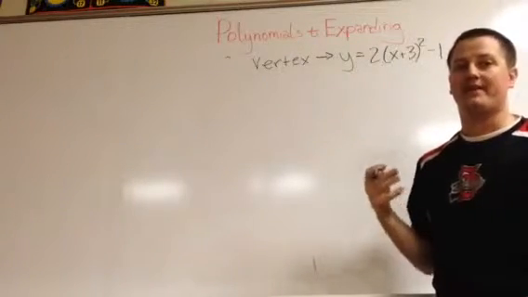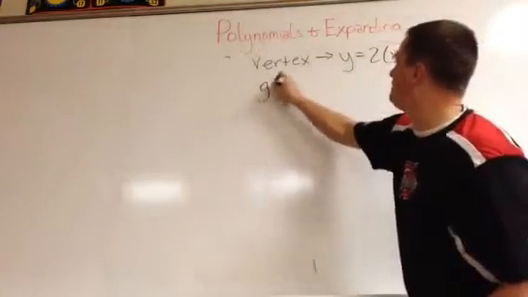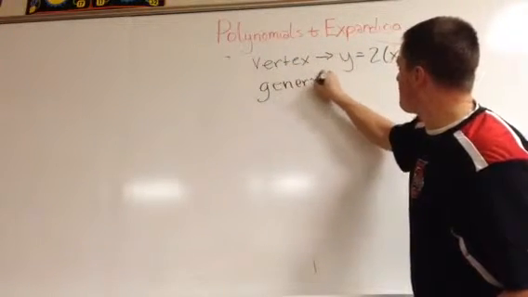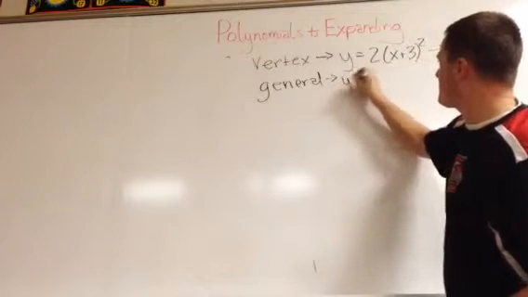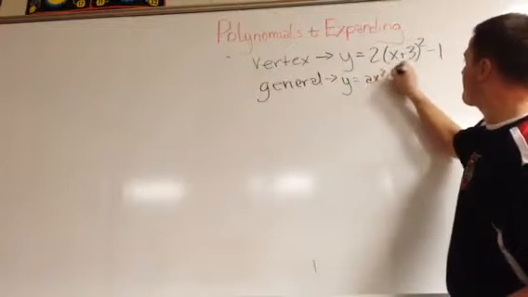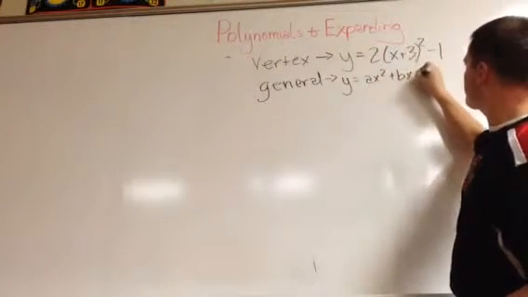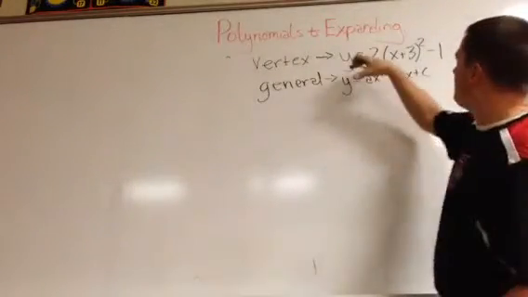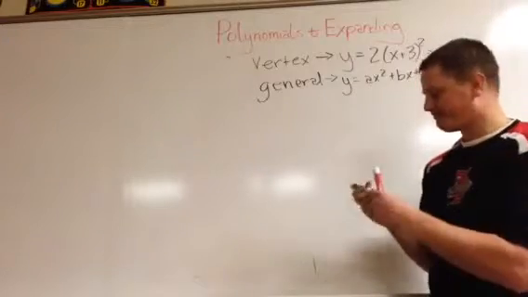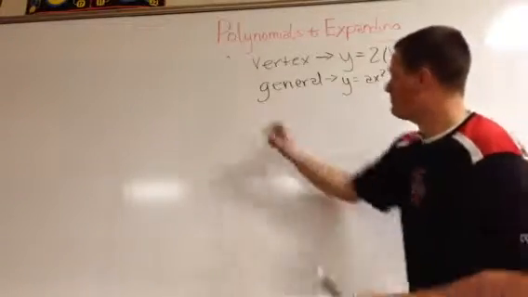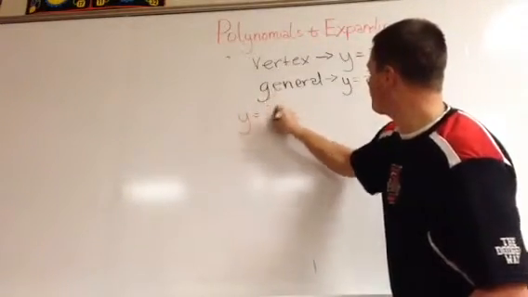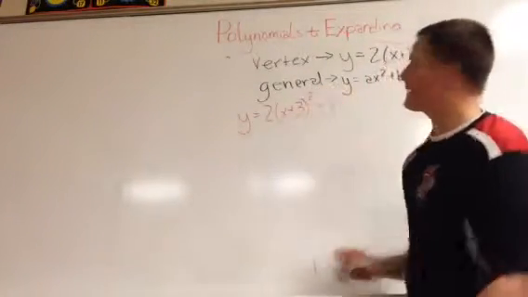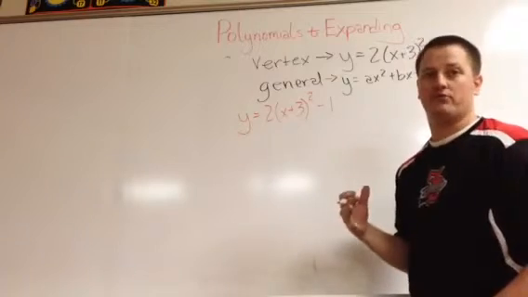We want this in the form of general form. This would be general form. So I'm going to take this and change it. To change it, I'm going to use the Punnett square.